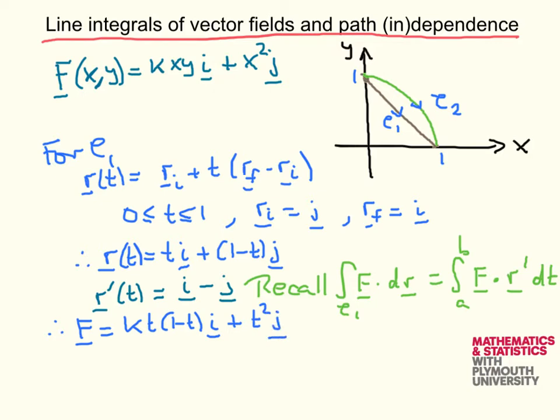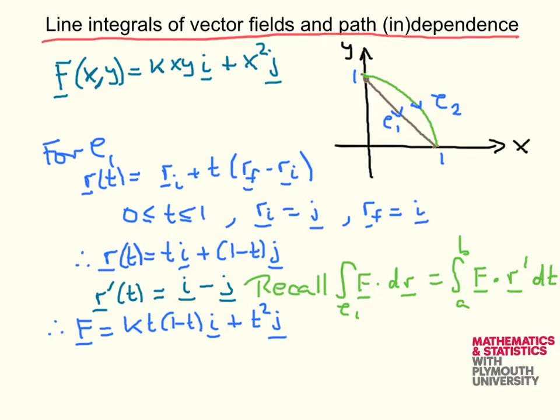So now all we need to do is take the scalar product of this with this, that's going to give us a scalar, and we integrate it with respect to t from the lowest value to the final value of the parameterization, and in our case that's t integrated from 0 to 1.